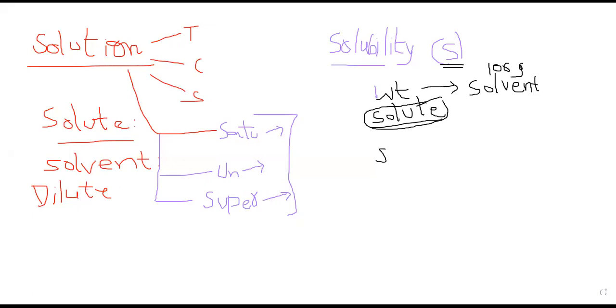Now let us move on, but in chemistry we know that substances are expressed in moles. What is a mole? Because in colligative properties we are discussing this formula. What is a mole?